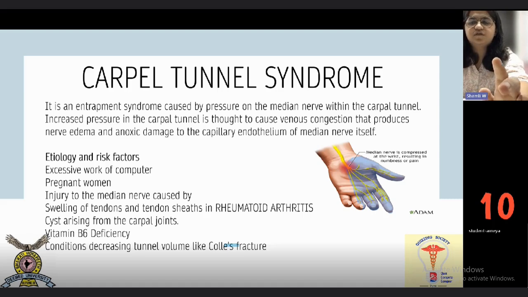Injury to the median nerve is caused by non-specific flexor tenosynovitis, swelling of tendons and tendon sheaths in rheumatoid arthritis, cysts arising from the carpal joints, and vitamin C deficiency, B6 deficiency, and conditions decreasing tunnel volume like Colles fracture, or any sort of bone injury of the radius and ulna near the wrist.